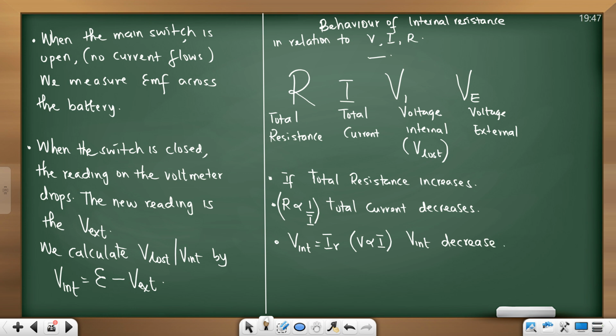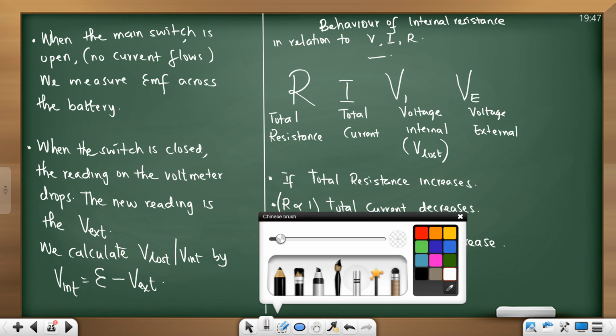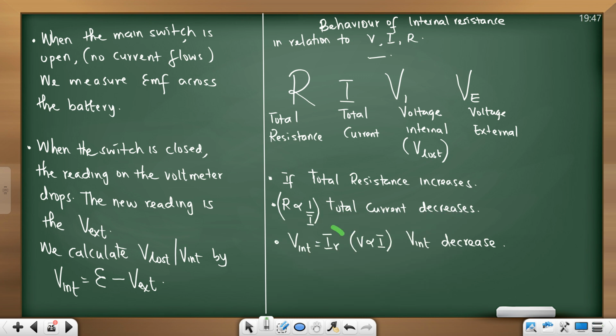Please, I want you to see I'm using relationships. Number one, if my total resistance increases, the relationship between resistance and current is that they are inversely what? Proportional. My current will decrease. But look at this formula, everybody. Look at how I calculate my V lost. I multiply by small r. So if I is decreasing, and this one is remaining constant, r is constant, what will happen here?